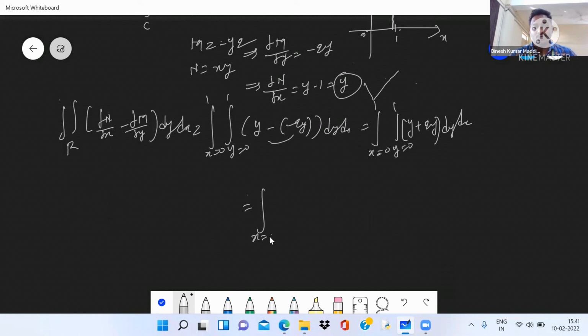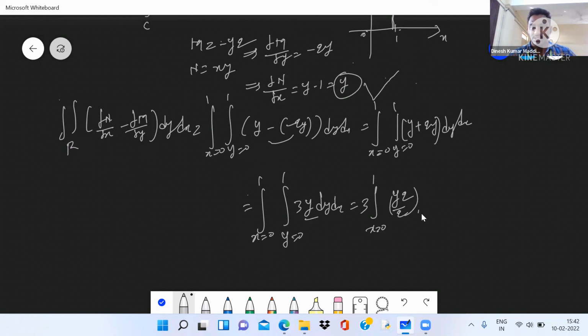Integral of x equal to 0 to 1, integral y from 0 to 1. So y plus 2y, it is 3y dy dx. That 3 is constant, I am writing outside. So integral over x equal to 0 to 1, here you will get y square by 2 when you integrate this one.